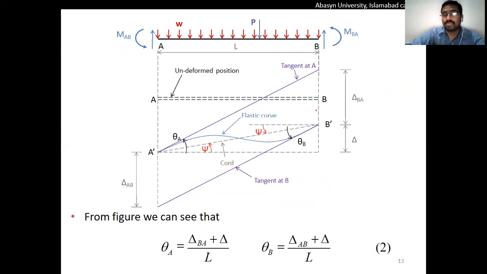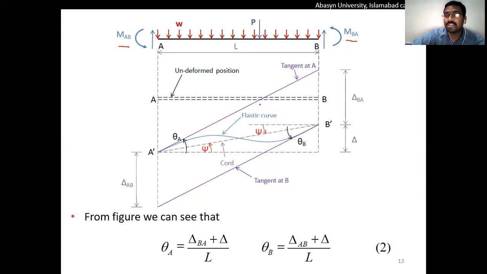Similarly, if we consider again the same beam A to B having a span length of L, on which we have applied a uniform loading of W and a point loading of P, due to this loading there will be a fixed end moment at both ends. At end A it will be called MAB, at end B it will be called MBA.